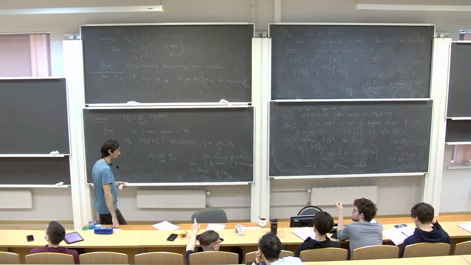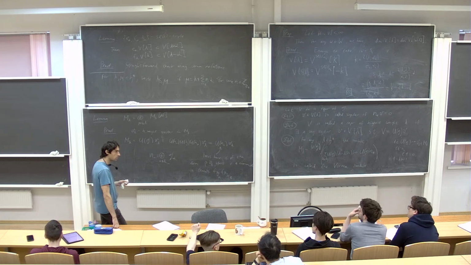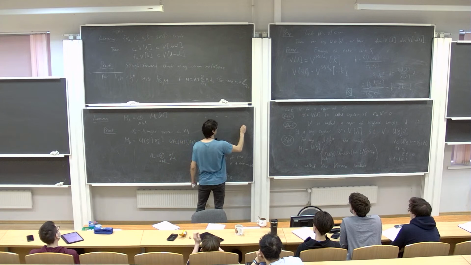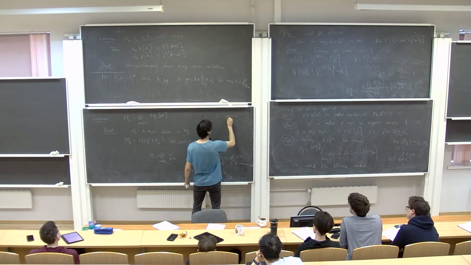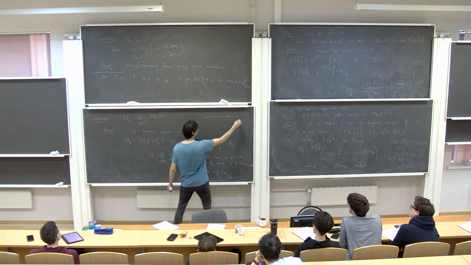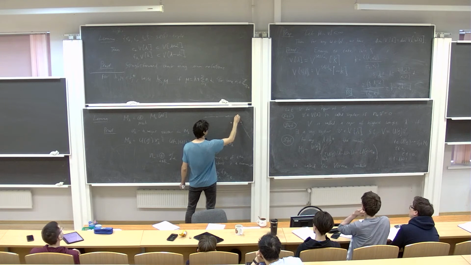Are they one-dimensional? No. The picture for SL3 is like that, if you remember. So you have one root acting, another root acting. So you have the outer contour, and this is your lambda.